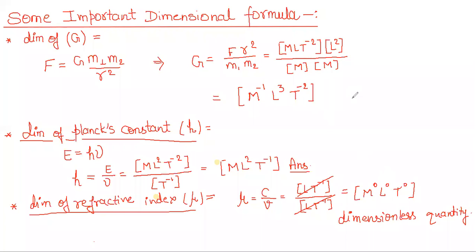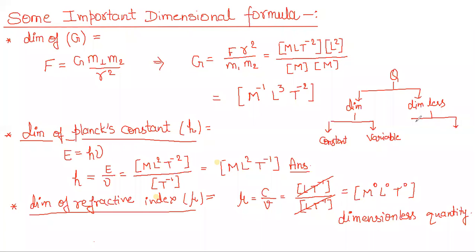It means we have understood there are two types of quantities. One quantity may have a dimension and the other may be dimensionless. Again, dimensional quantities also have two types: constant and variable. And dimensionless quantities are also of two types: constant and variable.